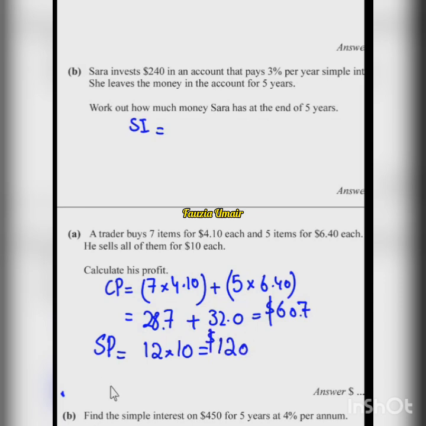Okay. So now how much is the profit? Profit is basically sale price minus cost price. So if you subtract 60.7 from 120, the answer would be $59.3. So this is the money he's getting as profit.